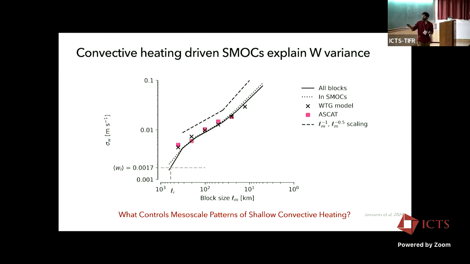So it seems like if the WTG model works, then all you need are condensation terms and precipitation terms to explain how the vertical velocity should vary.